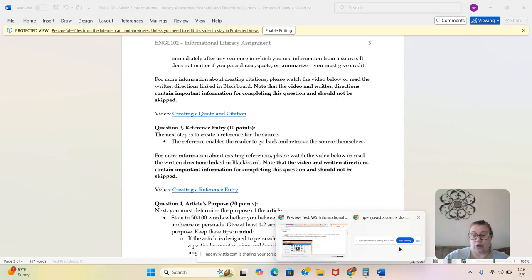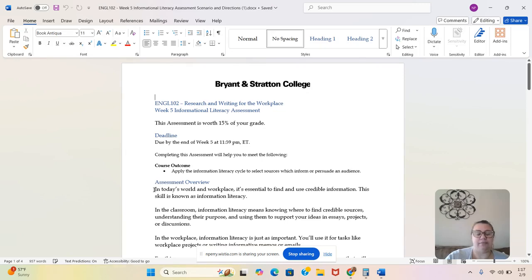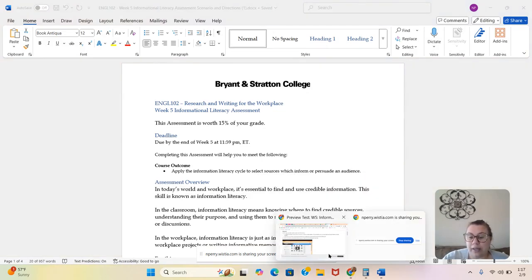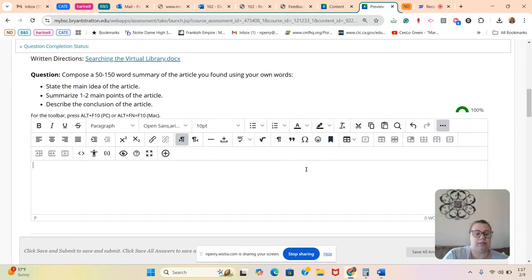So you are ready to go. What I would recommend, again, is writing it on a separate document, and then when you are ready, copying and pasting it into the spot. That way, in case of anything, you have it ready to go.